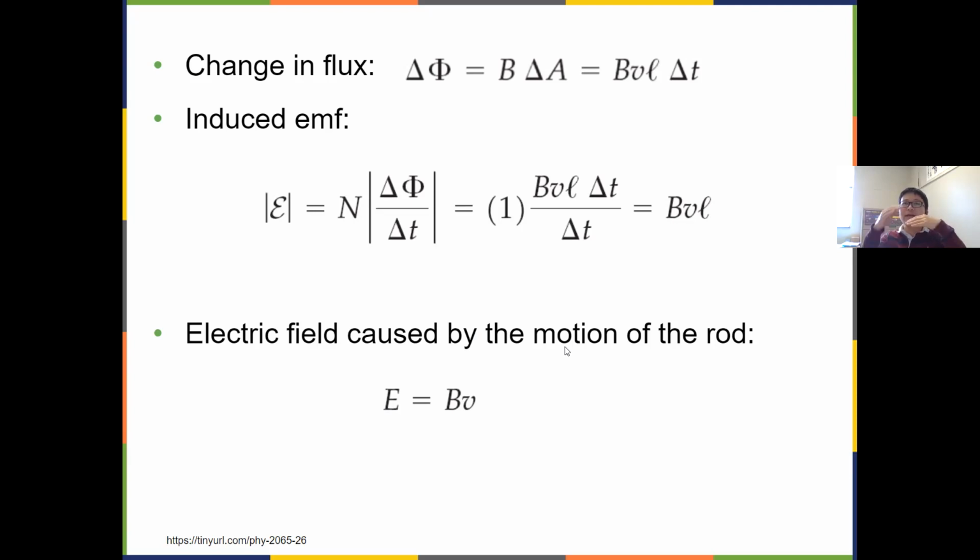In that case, there will be a potential difference across the two ends of the rod, which then produces an electric field. So the electric field will be the induced EMF divided by the width of the rod, BVL divided by L. So E inside the rod is equal to B times V.